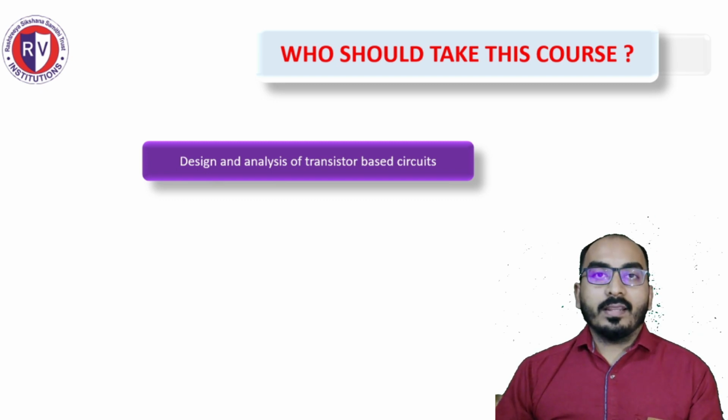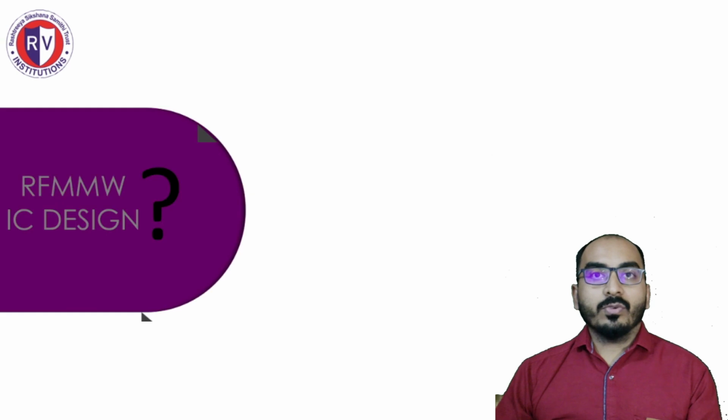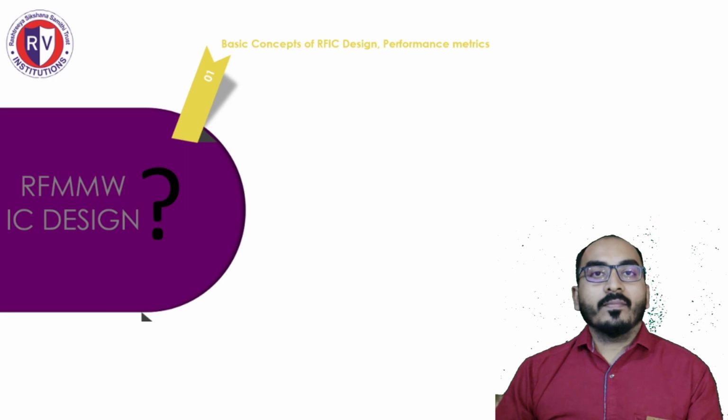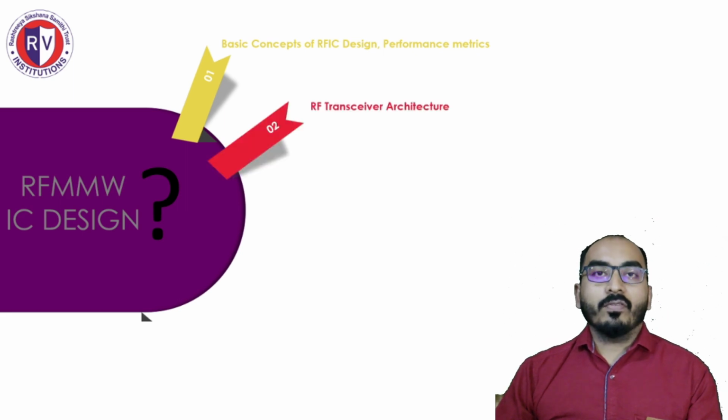The content of this course has 5 units. In the first unit, we'll be dealing with the basic concepts of RF design. We start with the issues of nonlinearity and noise. In continuation, in Unit 2, we deal with various architecture of transceiver, both transmitters and receivers.